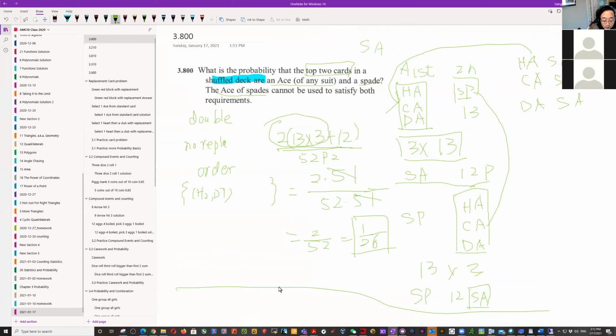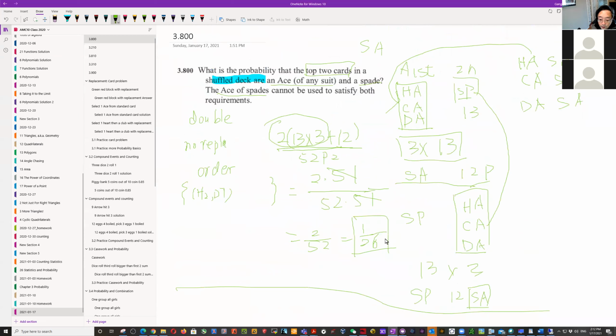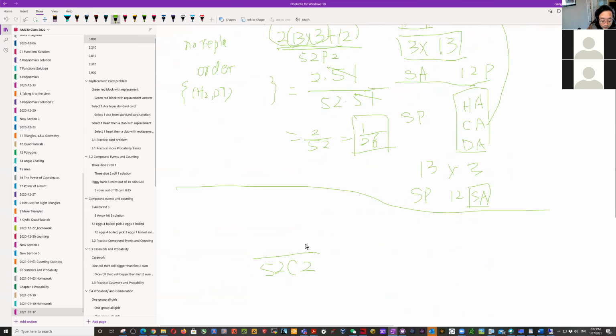And the unordered pick, you can also do in several different ways. It's 52 choose 2 on the bottom. And on the top, basically, we choose the heart, then choose the spade, so we can choose the heart like 13 choose 1.